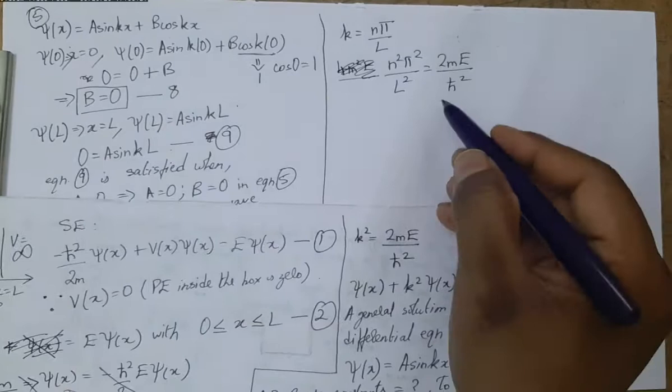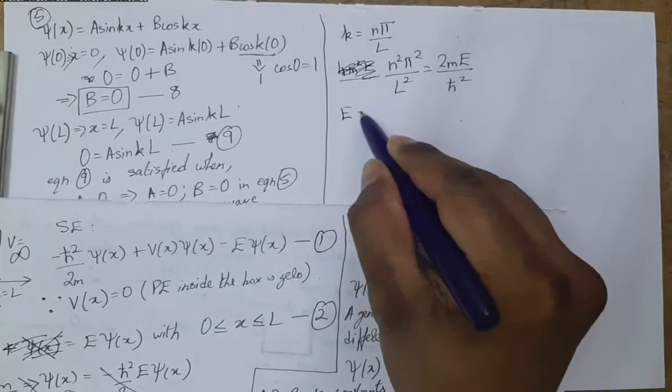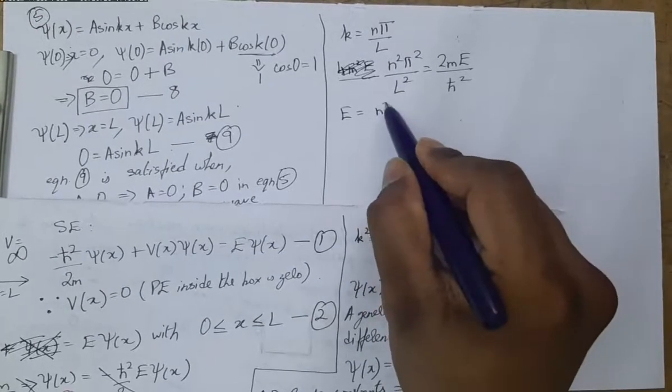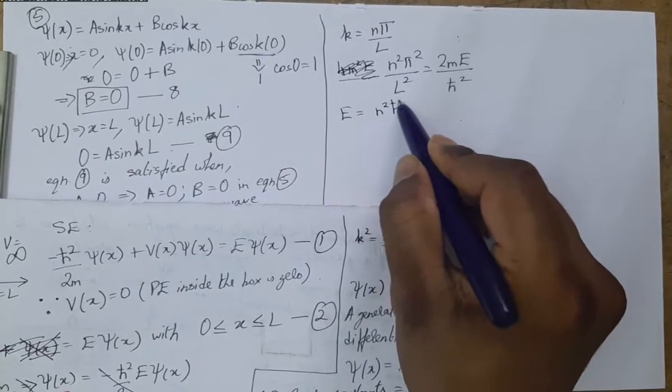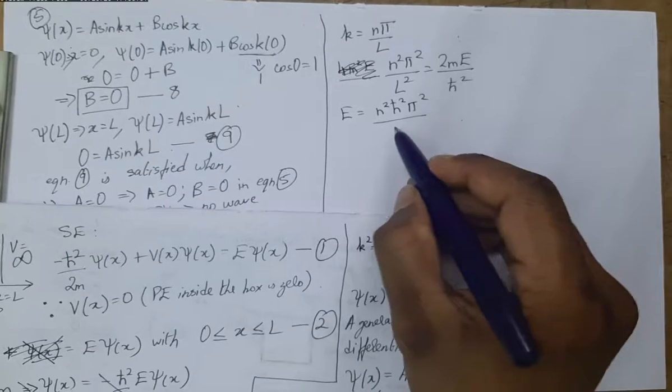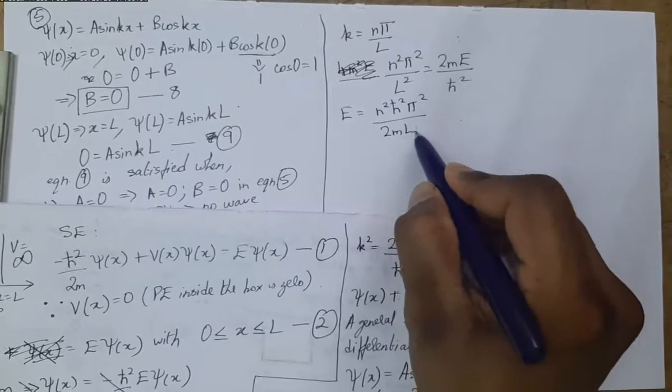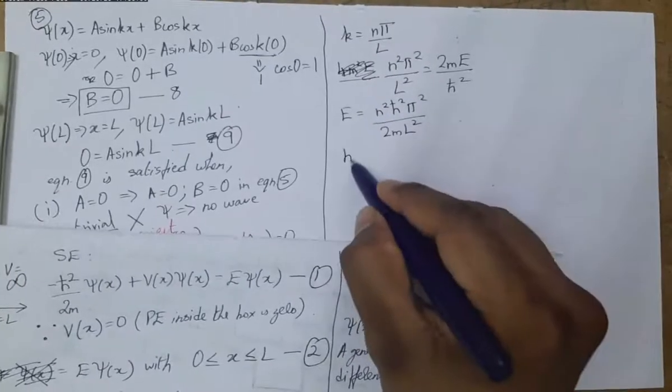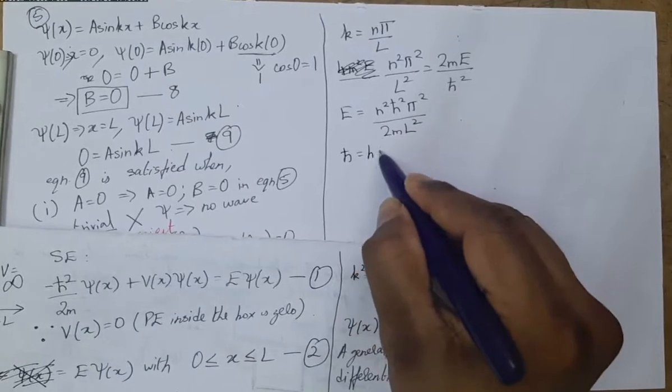If we rearrange, we get E equal to n square h cross square pi square by 2m L square. Now we know that h cross equal to h by 2 pi.